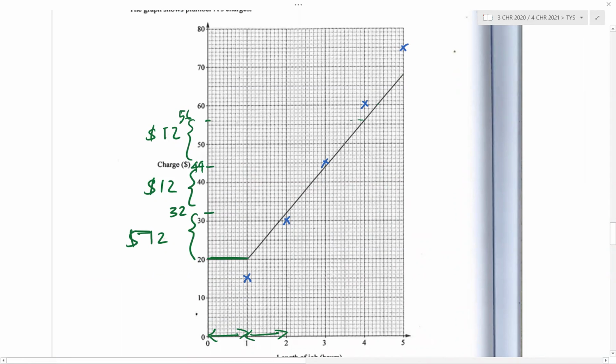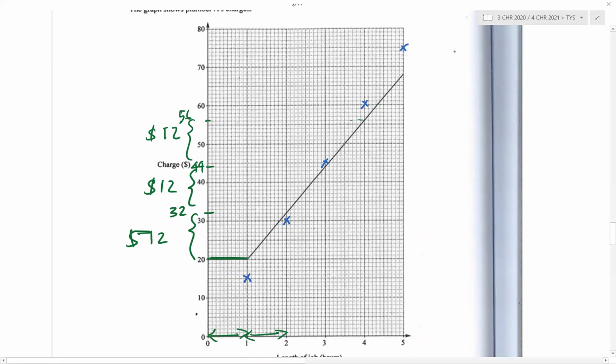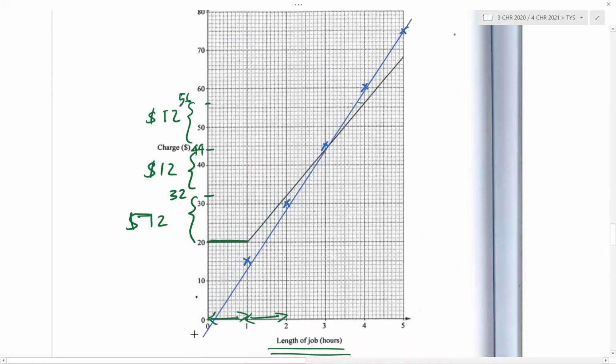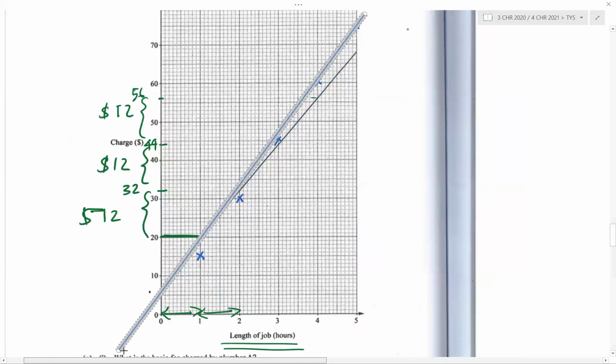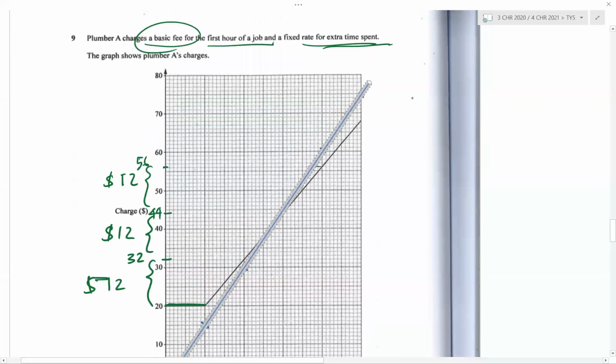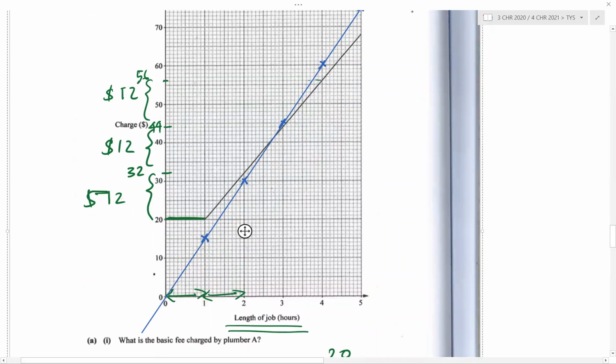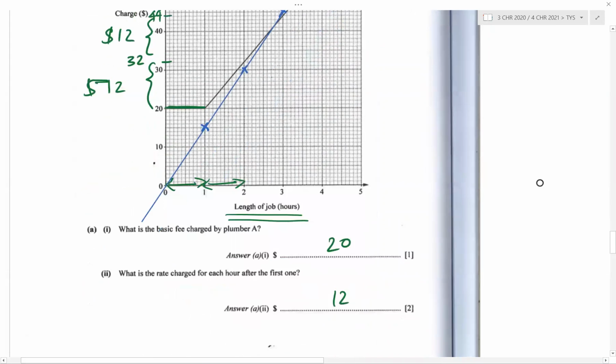So take a ruler, join all of them up, as such. Okay, so these are plumber B's charges. So label your question Part B.